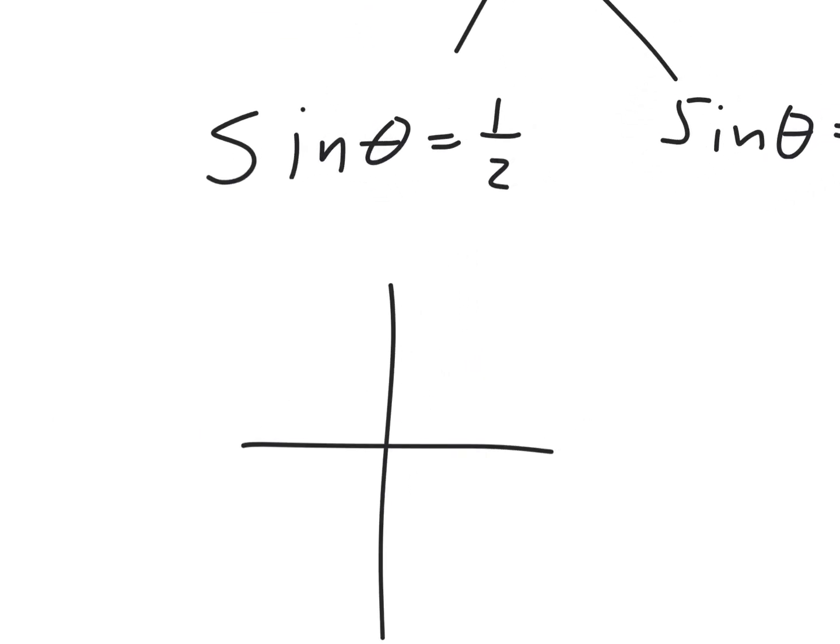Everybody draw the triangles in the right place, find the 2 angles, and use radians. So your answers are like pi over 3 and 2 pi over 3, except that's not it.